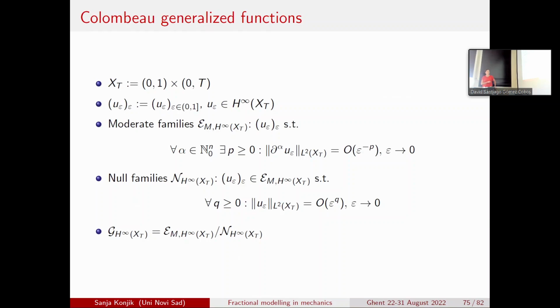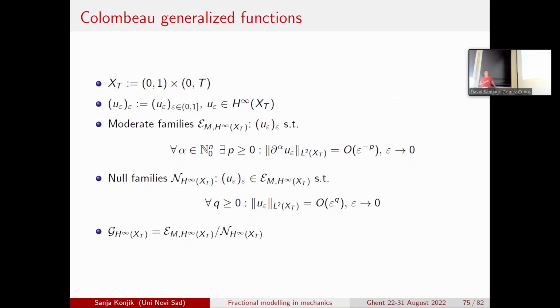There are different possibilities: typically you define those moderate families and null families, and then you make a quotient space, and that moderateness and negligibility you can do in different kinds of spaces of smooth functions.